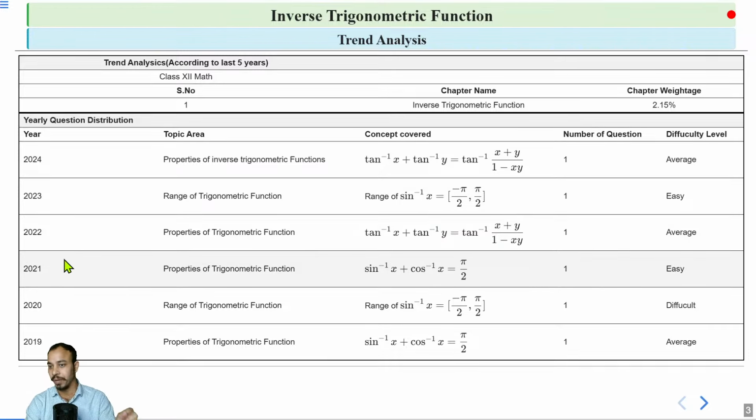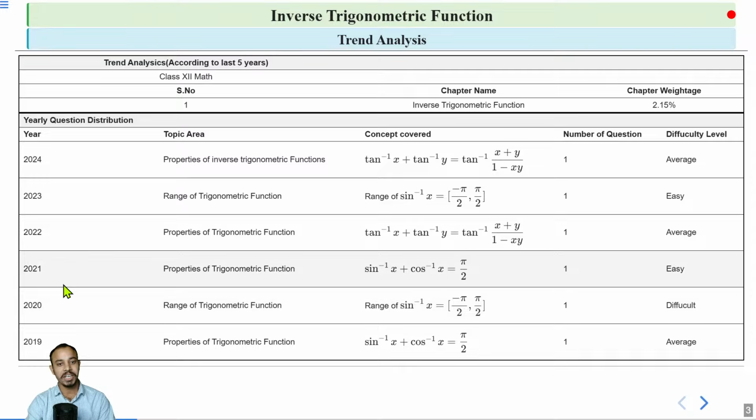In 2022, one question was asked based on properties of trigonometric functions, and the concept covered was tan inverse x plus tan inverse y equal to tan inverse of (x plus y) divided by (1 minus xy), and the difficulty level was average.